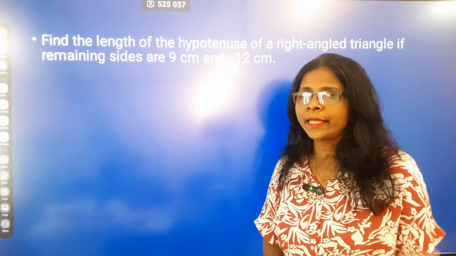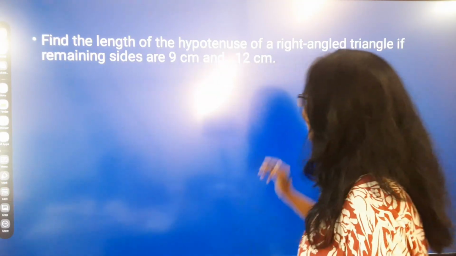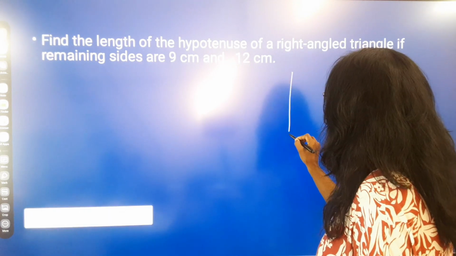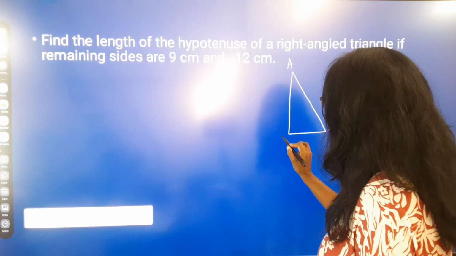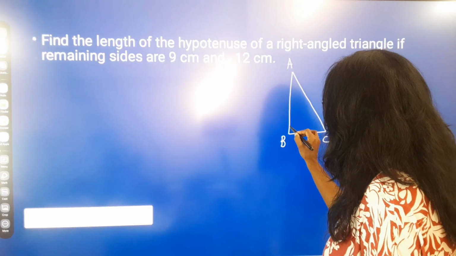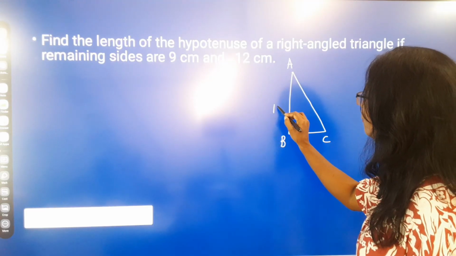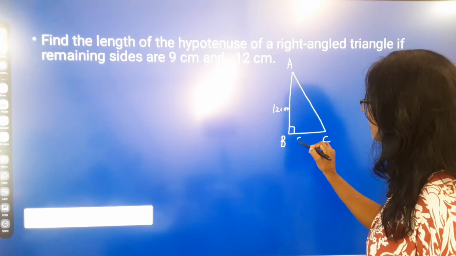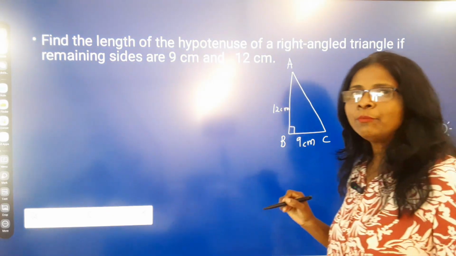That is, the right angle sides are given. So here, first we draw the figure. Suppose this is the triangle, right angle triangle ABC, right angle at B. So AB, consider that AB is 12 centimeter and BC is 9 centimeter, and we have to calculate the AC, that is the hypotenuse.